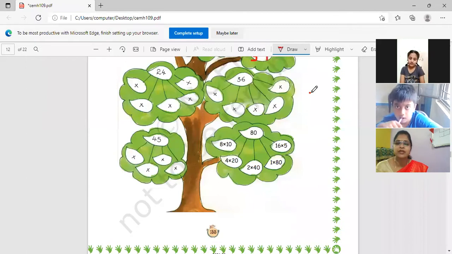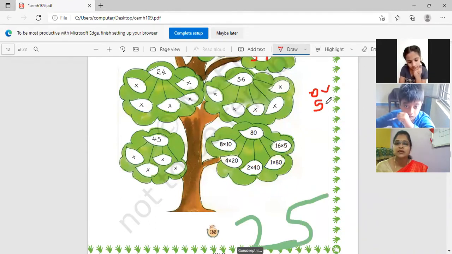See, in the 5 table, when you read the 5 table, in the ones place, it will be either 0 or 5. In the ones place, 5 twos are 10, so you got 0. 5 threes are 15, 5 in the units place, ones place. Similarly, 5 fours are 20.